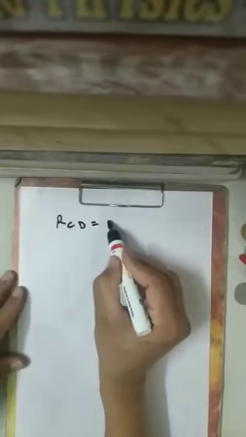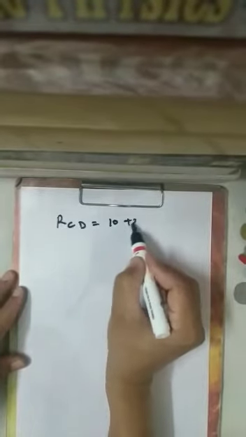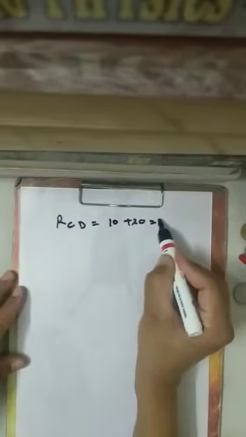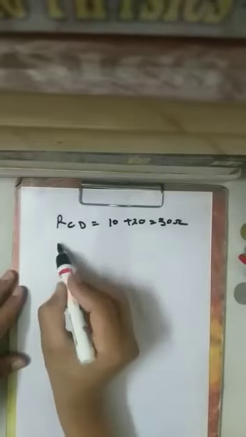Resistance between CD is equal to 10 plus 20, 30 ohm.